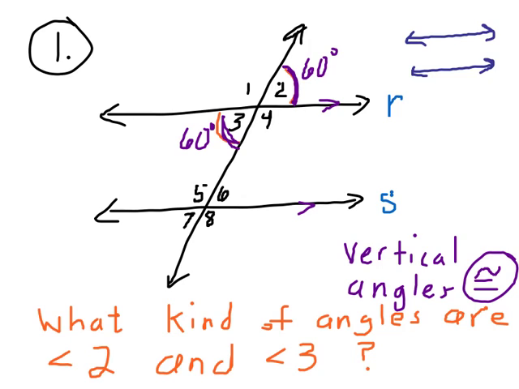I bet you could find some more vertical angles in this picture. Angle 1 and angle 4 are also vertical angles. Vertically opposite each other, they're going to be equal as well.